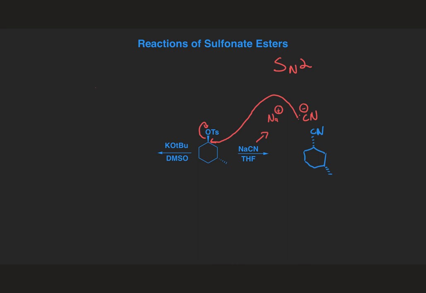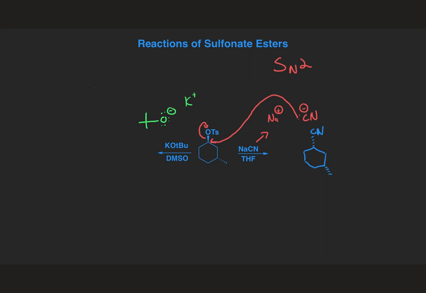On the other hand, if we treat this tosylate with potassium tert-butoxide, which looks like this, it's an alkoxide that splits up, and tert-butoxide is a very bulky base, so it's not a good nucleophile.